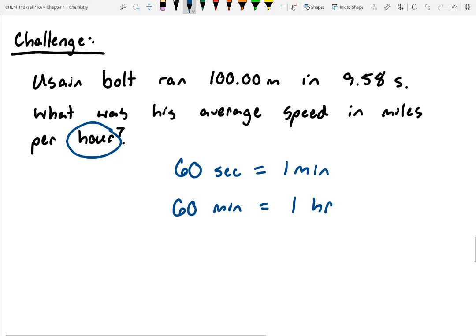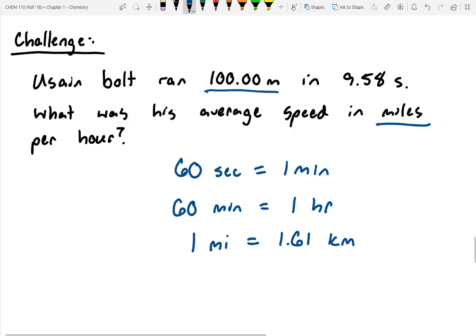So that's pretty useful. And then the next thing I'm noticing is our unit of distance. We've got 100 meters, and then we've got miles here. If we look at our cheat sheet, it says that 1 mile equals 1.61 kilometers. Right? That's in our cheat sheet as a unit conversion under other useful conversions for length.